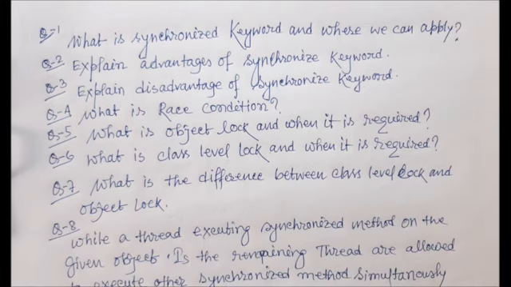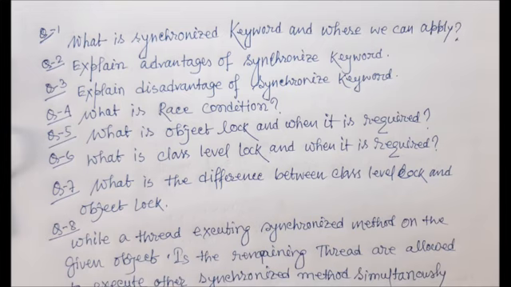And the next question is, what is object lock and when is it used? I have already discussed that there are two types of lock. One is called object lock. In Java, every class has a class lock, and every object has an object lock. We already discussed when class lock is required and when object lock is required.